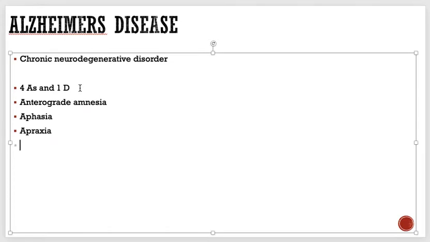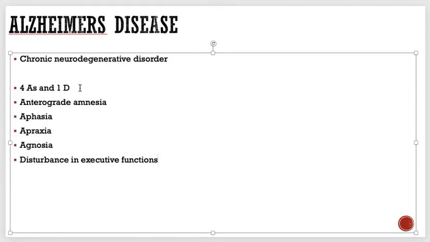Fourth A is agnosia. And the one D which is left is disturbance in executive functioning.